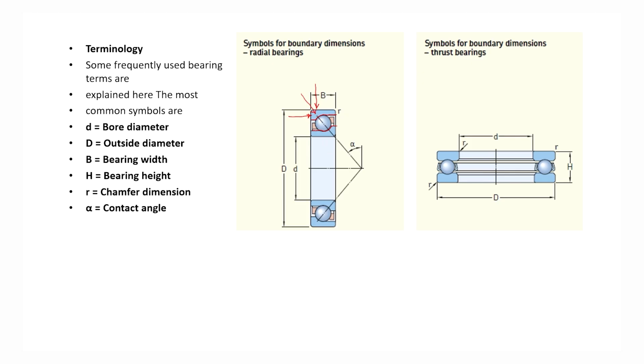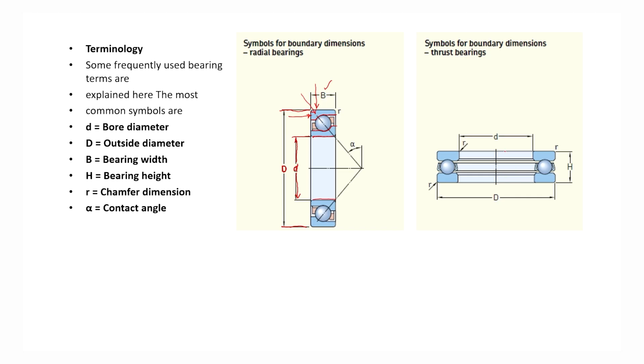Now, in this figure, the inner diameter of the inner race is called the bore diameter, small d, and capital D, the outside diameter of the outer race, will be the outer diameter. B is the bearing width. Then H is the height.